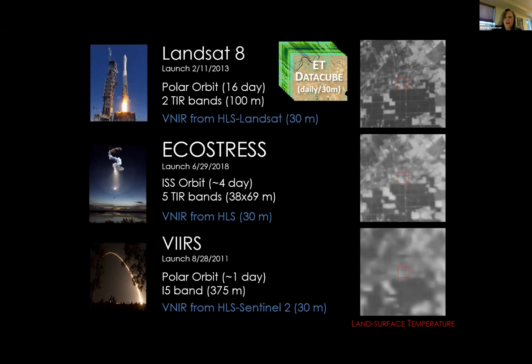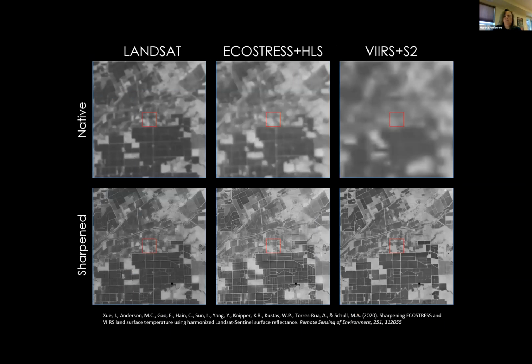Each of these sensors has a slightly different spatial resolution, as you can see on the right. Ideally, we want them all to be at the same resolution so we can stack these images and create the ET data cubes that we need for operational management. So we've been employing a thermal image sharpening algorithm that was developed by Feng Gao, who you heard from a little earlier.